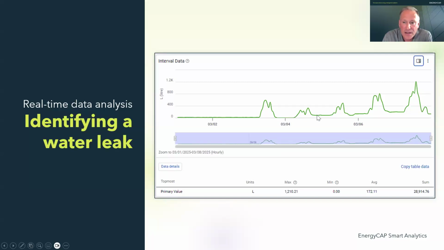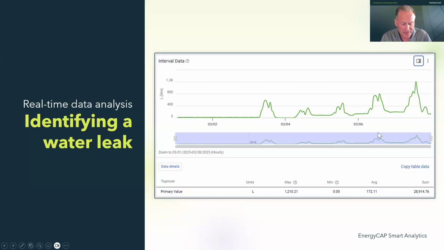But now at some point, the meter never returns to zero. It never goes back to the value that it started with. This was used in order to identify a water leak. And once again, rather than waiting for weeks or months to go by where you're paying for water that leaked out of a pipe, this can be found and reacted to much faster. And so there's a huge benefit by being able to cut down that period of time.